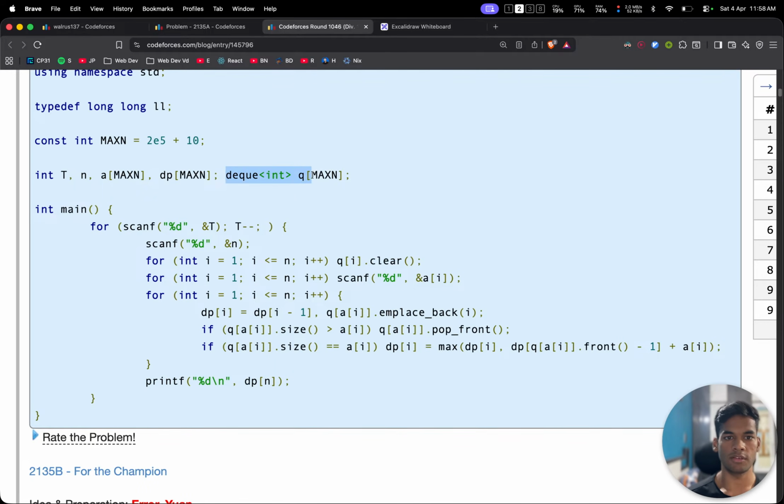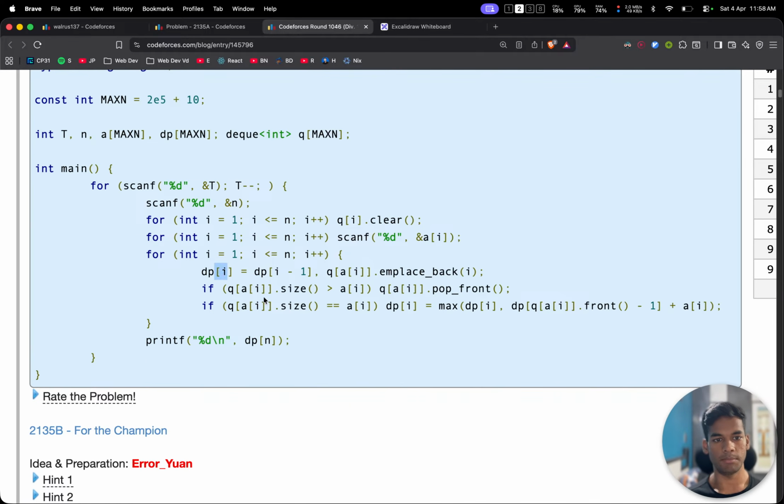Okay, this is an array, an array of dq. So they first clear everything from the queue, then they fill up a[i], and then for i from 1 to n, dp[i] equals dp[i] minus 1, comma.